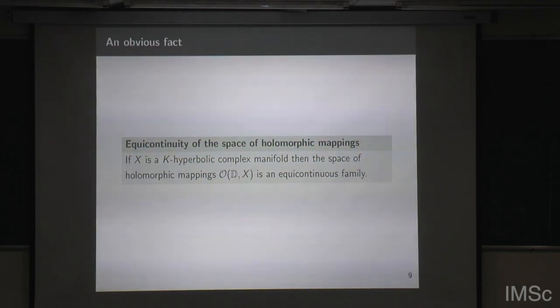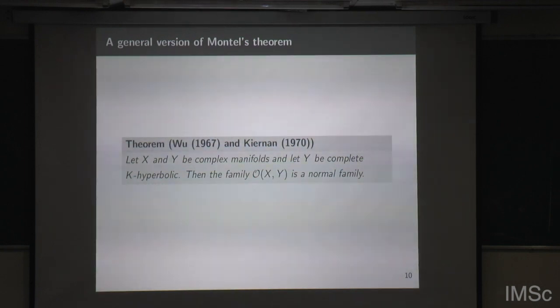Now, why is this useful? Because you can use this equicontinuity and an Ascoli-Arzelà type argument, which was done by Wu and Kiernan, to show that suppose you have complex manifolds X and Y and the target is complete Kobayashi hyperbolic, then the family O(X,Y) is a normal family.